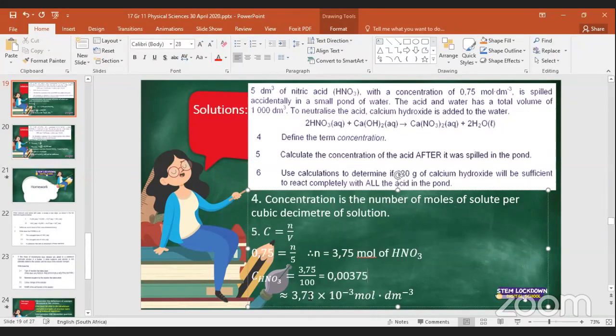And then also here it should be 3.75 times 10 to the power minus 3. So that should be the concentration.